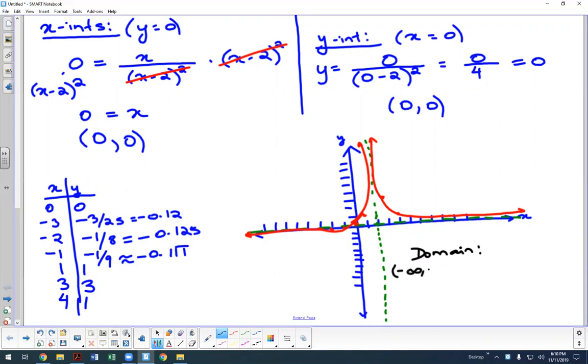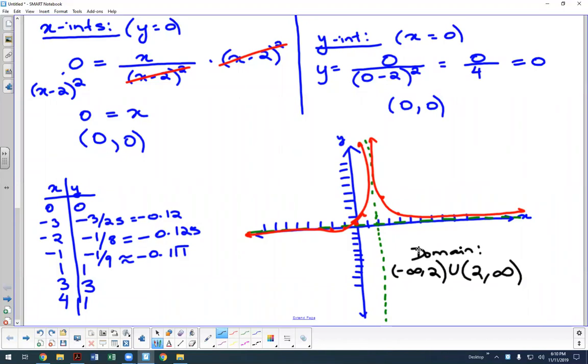Okay, negative infinity to 2, and then parentheses. Okay. And then would it be union 2 to infinity? Yeah, so the only number we cannot include in here is the number 2 itself, because that's where our vertical asymptote is, but obviously you can see we're using all the other x values here.